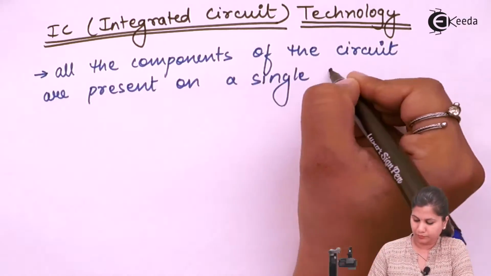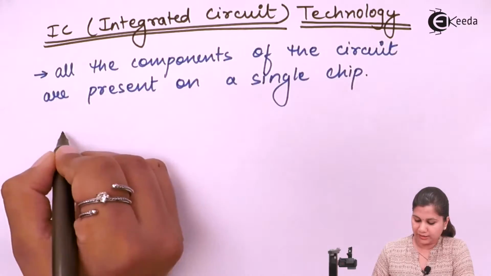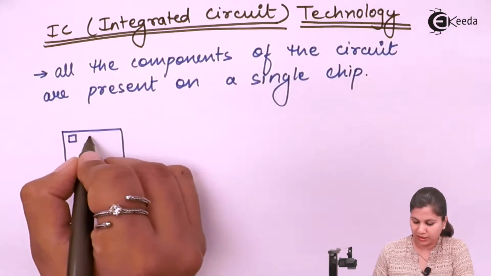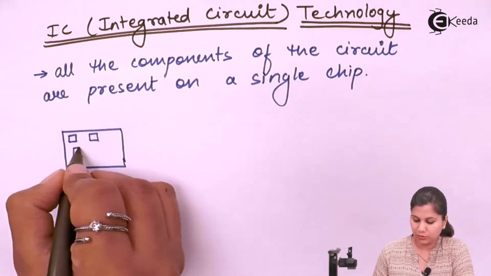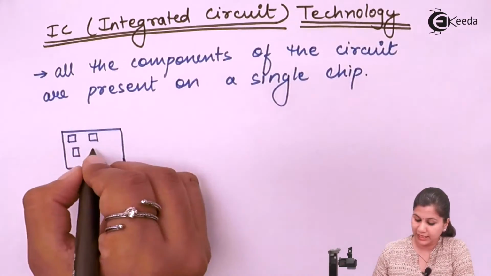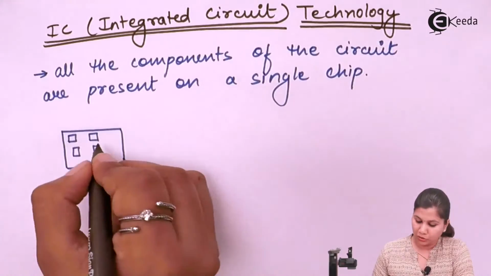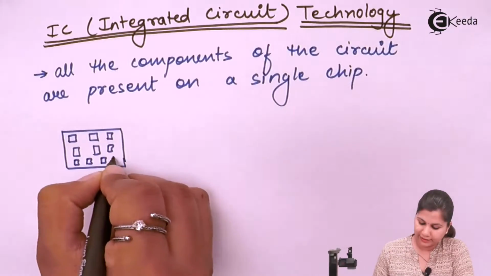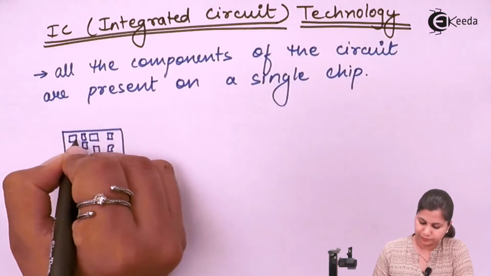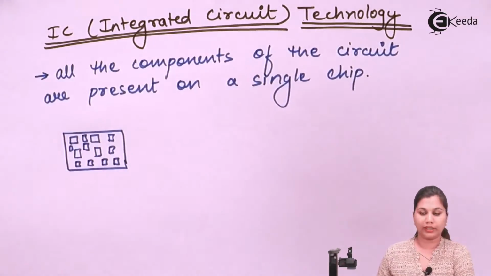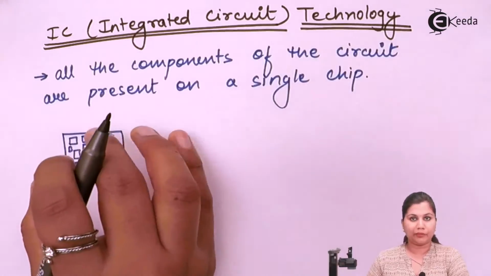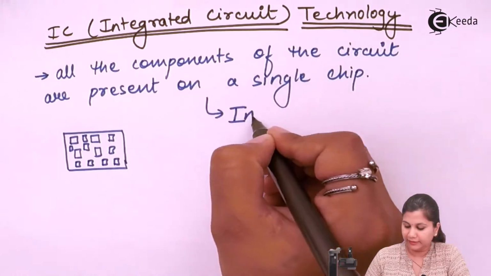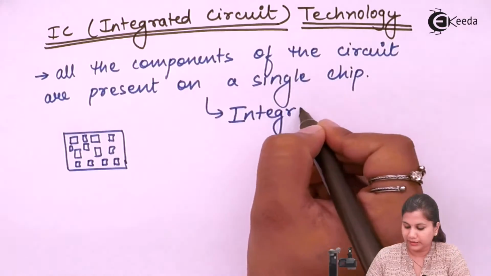So on that single chip we have logic gates, transistors, semiconductors, and wires. All the components are fabricated on that one single chip. If that type of circuit is present, then it is called an integrated circuit, or an IC.